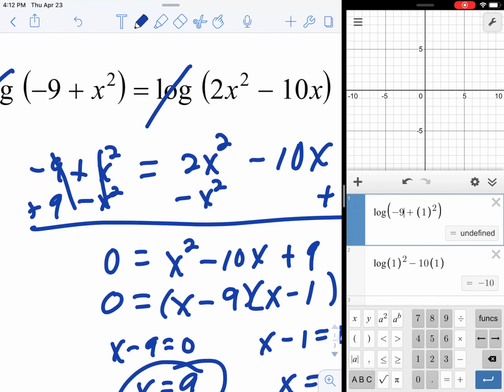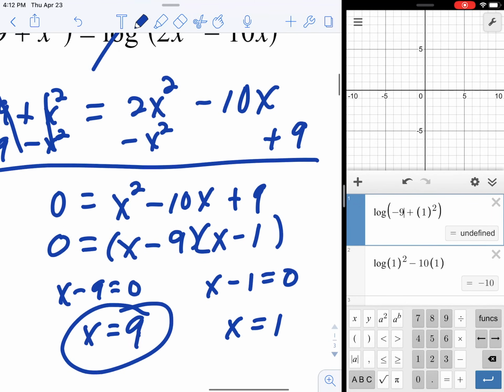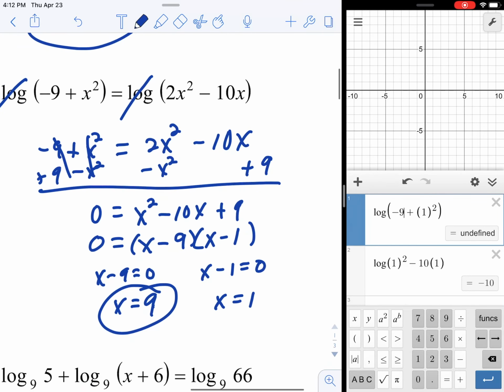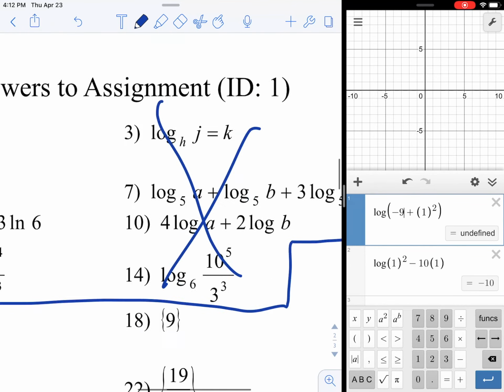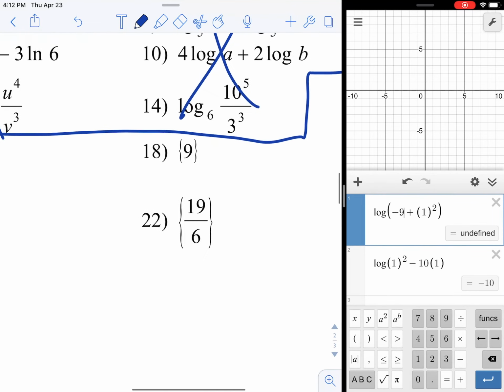So when I plugged in a 1 there, that one goes undefined. So even though I sort of fumbled it a little bit when I plugged it in, it's right now, plugging in a 1 makes one of those undefined. So that's an extraneous solution. So for number 18, the algebra gave us 2 solutions, but 9 is the only true solution for number 18. And there it is. You can see the right answer.